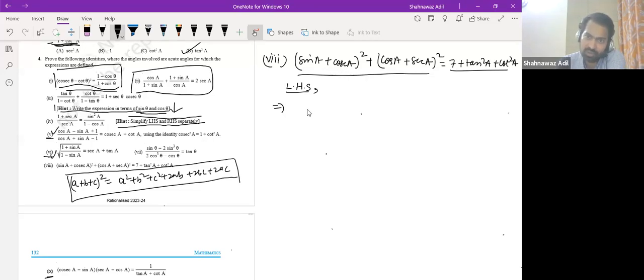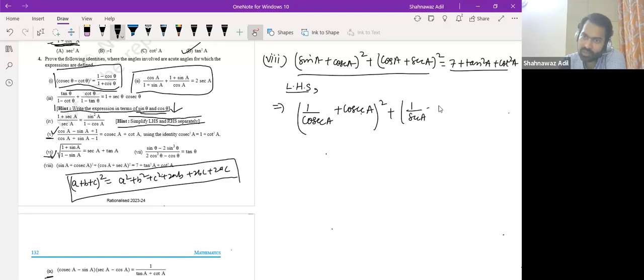Good. So 1 by cosec A. We should not mix up the parentheses. This is one method, and then this one, (1 by sec A + sec A) whole square.